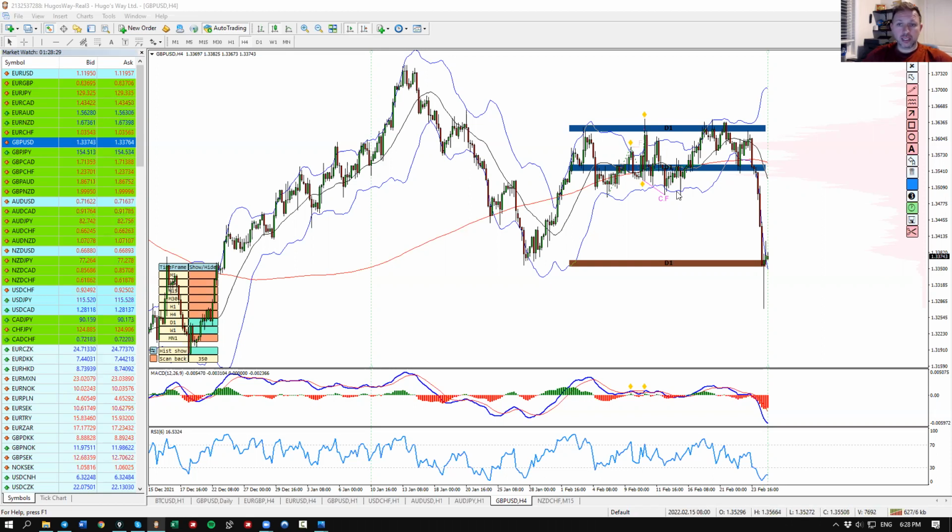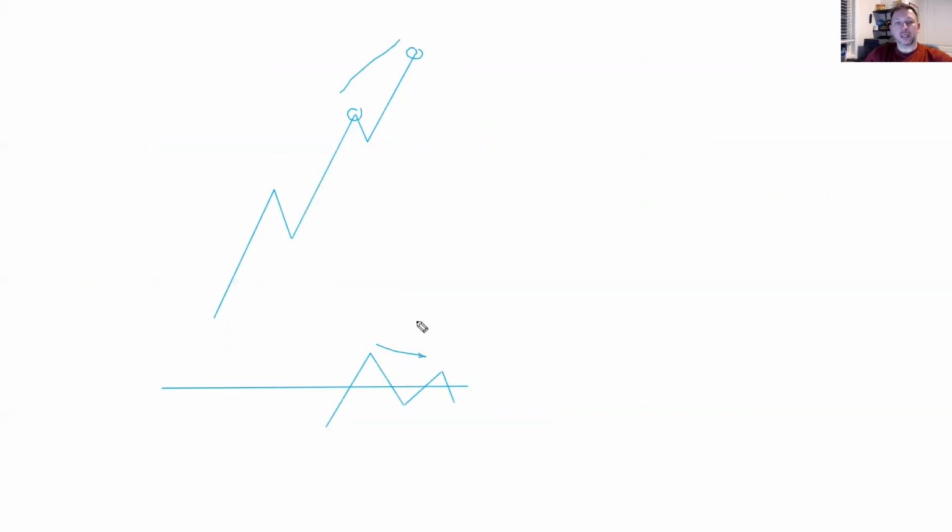So what is the idea of convergence? Let's go blank screen once again. As we spoke before, this is where we run into a divergence first of all: higher highs on the chart, but lower highs on the indicator.